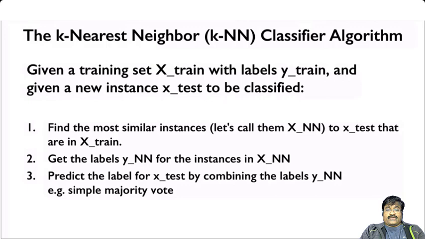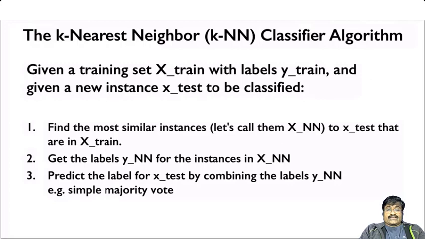Second, the classifier will look up the class labels for those K nearest neighbor examples. And then once it's done that, it will combine the labels of examples to make a prediction for the label of the new object, typically, for example, by using simple majority vote.